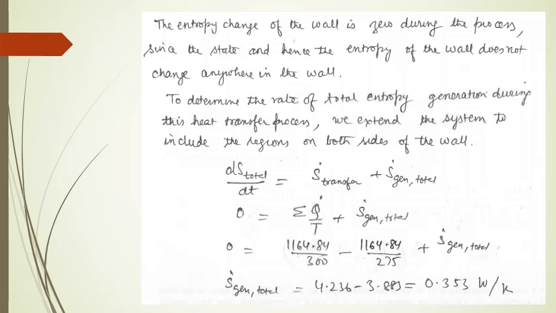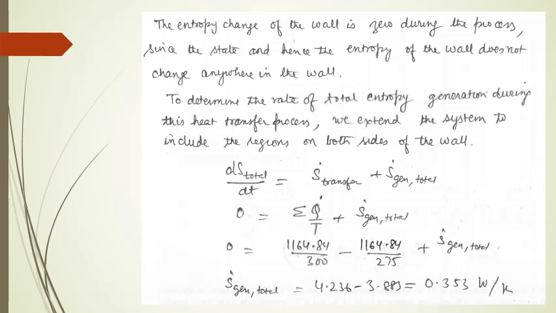So the total entropy change rate is equal to the entropy change rate associated with the transfer plus the entropy generation rate, that is basically the total terms. The left hand term is 0.